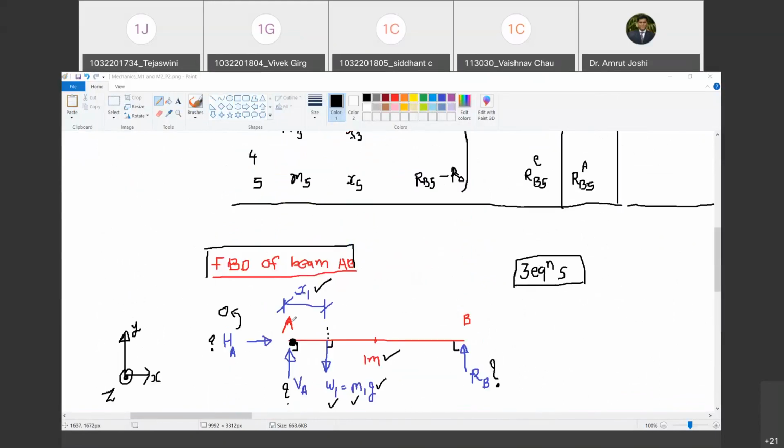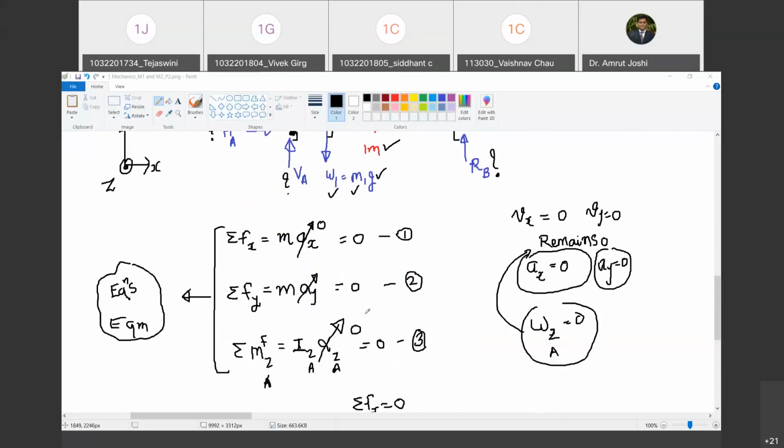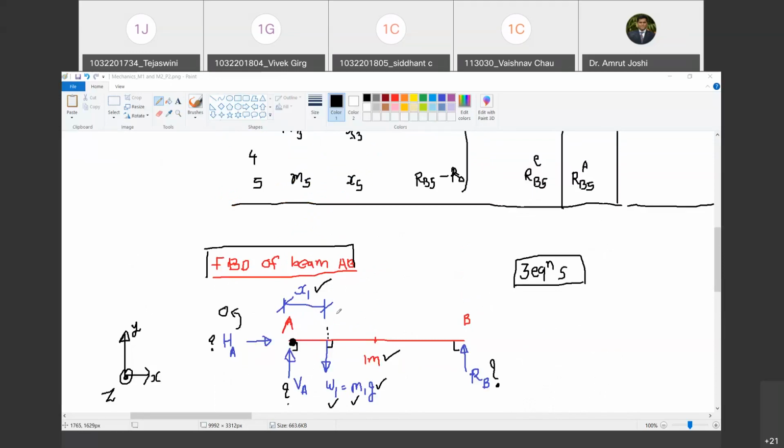That is obvious because when the load is on A, the responsibility of resisting the load is on VA and RB becomes 0. Do you agree with me? Yes, sir. Now, when the load is exactly midway between A and B, then what is the value of X1? 0.5. That means L by 2. Do you agree with me? Yes, sir.